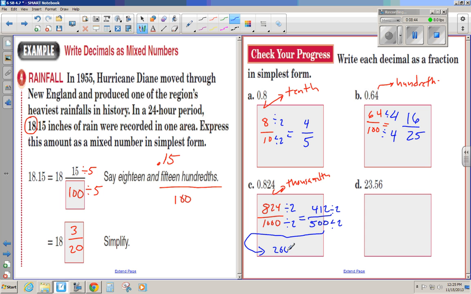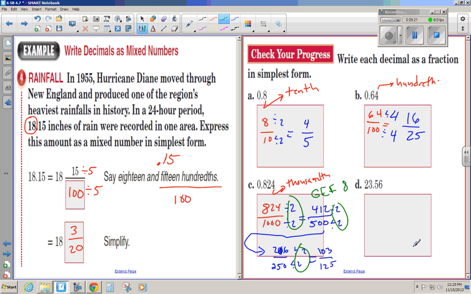Becomes 206 over 250. Once again by 2. That becomes 103 over 125. And I think that's as simplified as you can go. So you should see that since you divided by 2 three times, the greatest common factor is 8.